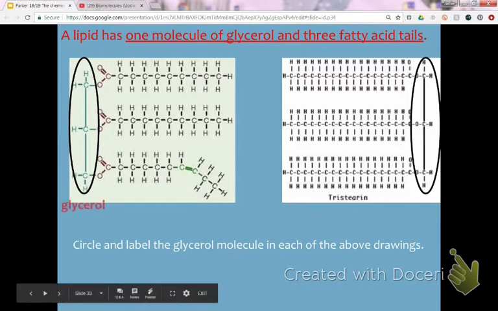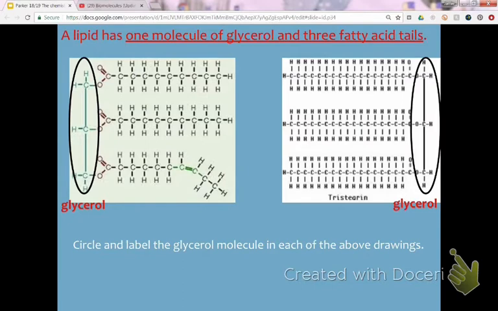So these two things right here are the glycerol part. If you look at yours, you should see the little end on the left in your notes. That is the glycerol portion. So circle the glycerols in your notes.